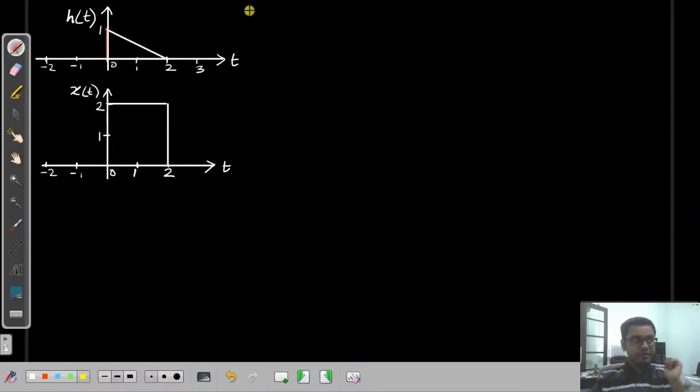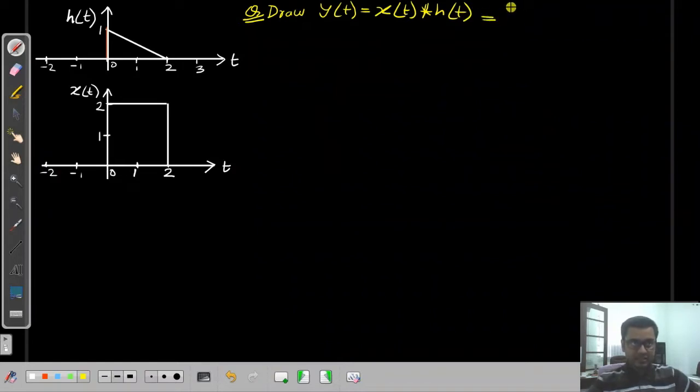These are given, and the question is to find and draw y(t), which is the convolution between x and h, which can also be written as the integration of x(tau) h(t minus tau) d tau, tau running from minus infinity to plus infinity.